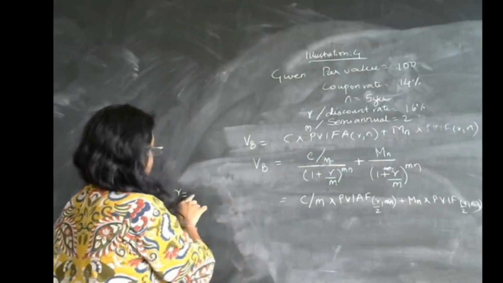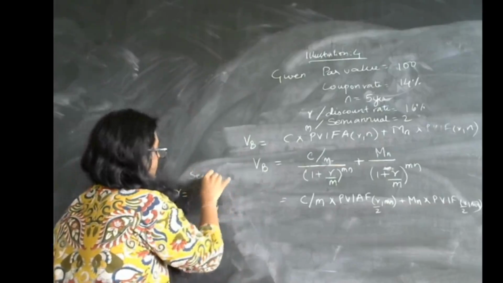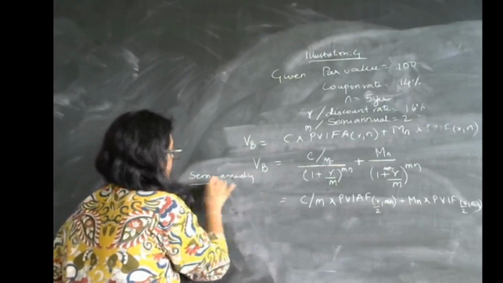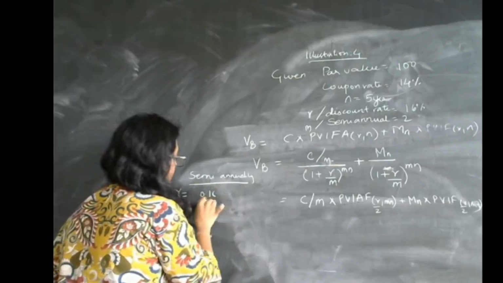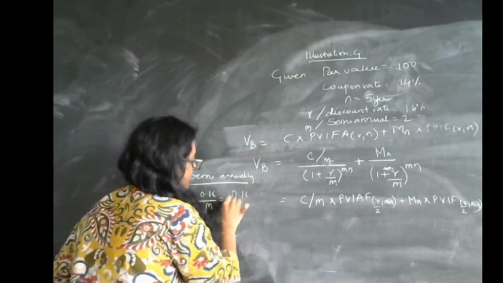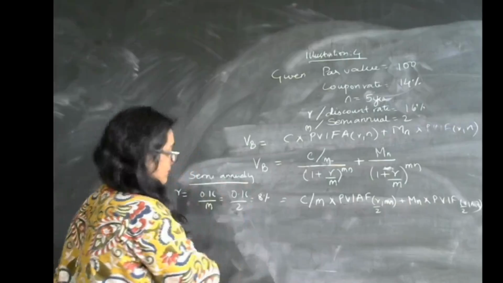So obviously, since it is semi-annual, you can take the R out over here and divide it with M, which is going to come out to 0.16 divided by 2, which is nothing but 8%.